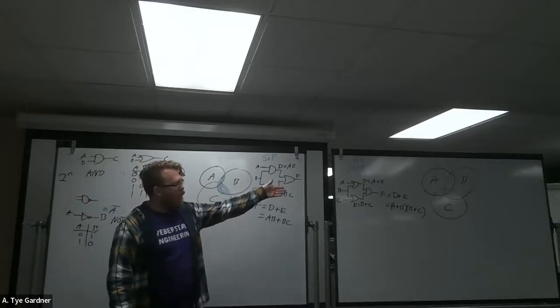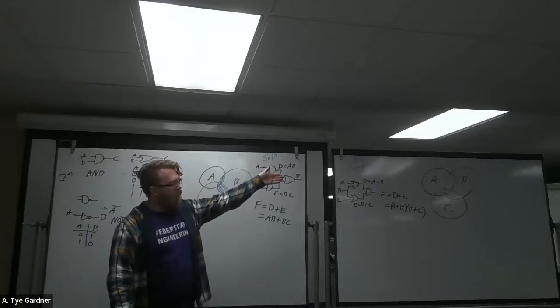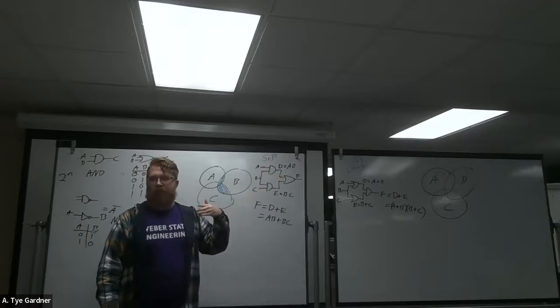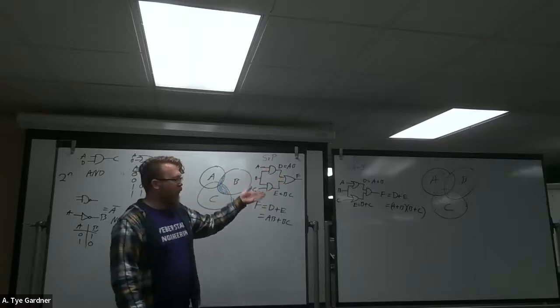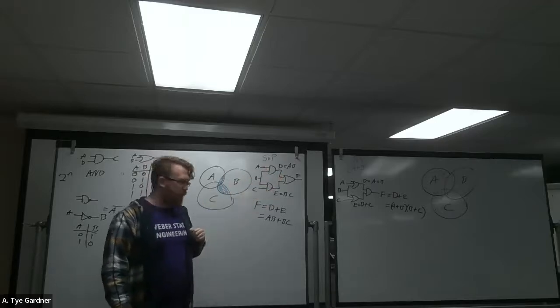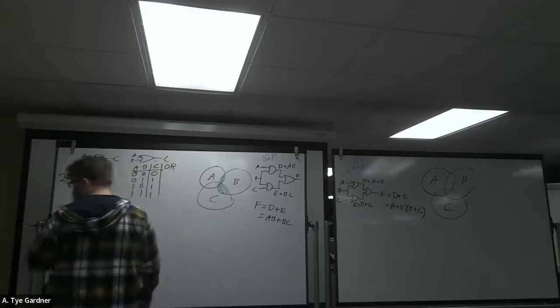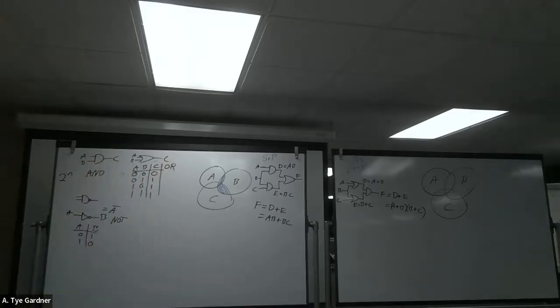It is A or B, and B or C, but where is it true that both A or B and B or C? Well, let's see if I can't find a different color. Oh, there's green.